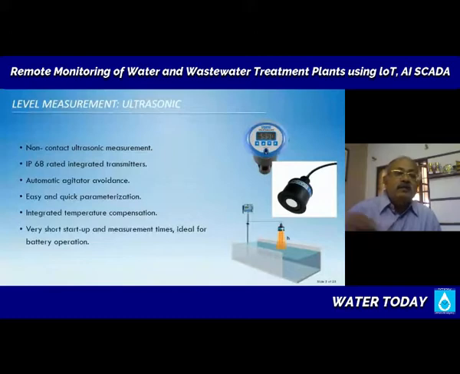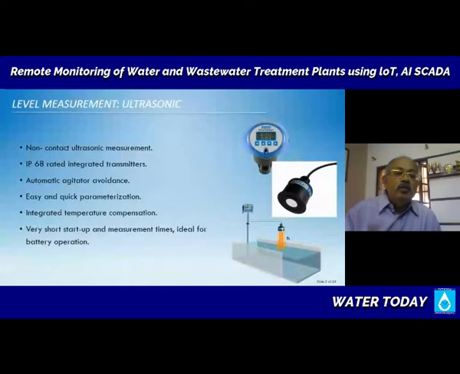If you say IP66, then that means that even if you hold a hose and wash the transmitter with a hose, no water will go into it. Then 67 means it can withstand the effects of ingress of water. Even if it is submerged, short distance submergence, it can withstand for specified durations of time. And 68, of course, is completely watertight. And also, you find panels rated in terms of dust ingress.